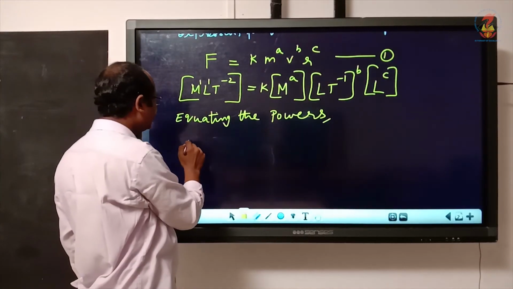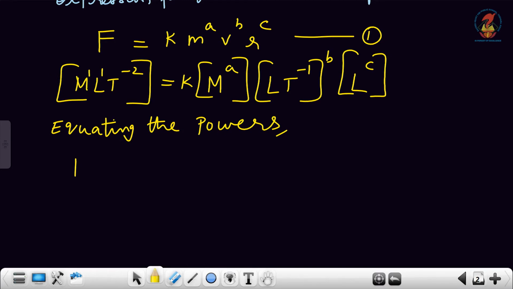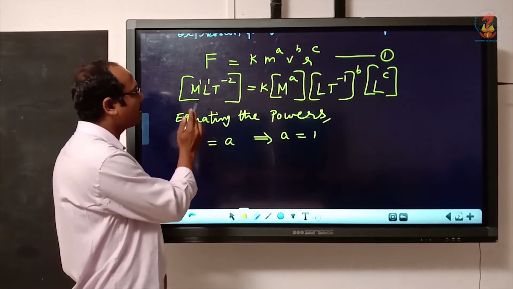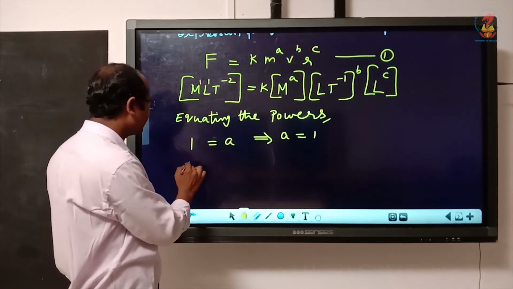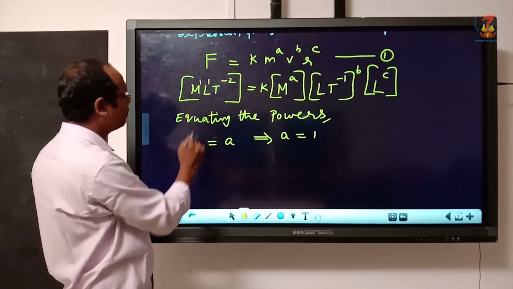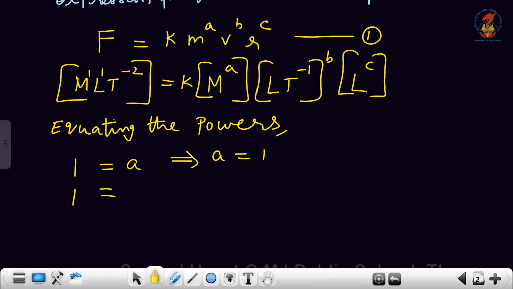In the LHS, power of M is 1, and in the RHS, power of M is A. So I got the answer, A is equal to 1. Now compare the powers of L on both sides. In the LHS, the power of L is 1. In the RHS, the power of L is B plus C.